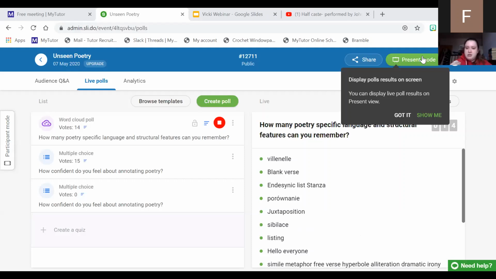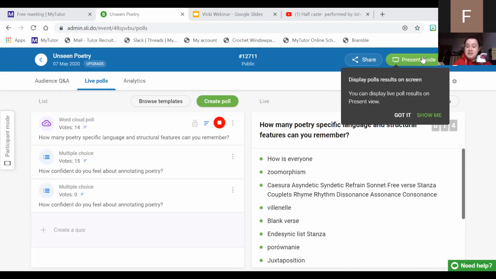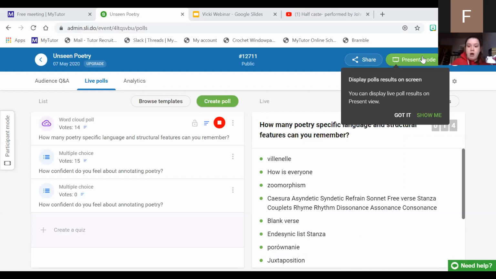Hyperbole, juxtaposition, beautiful metaphors. I think that's everyone, but it's really nice to see that even though you guys have put in something which isn't poetry specific, the poetry-specific ones are the ones that are coming in most. So that's stanza, verse, refrain, rhyme. We could have rhythm in there as well. Super impressed, guys. Well done.